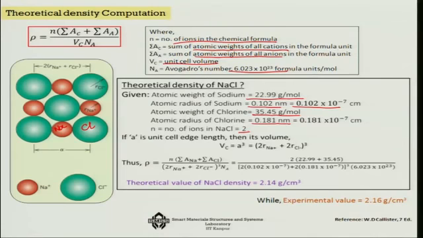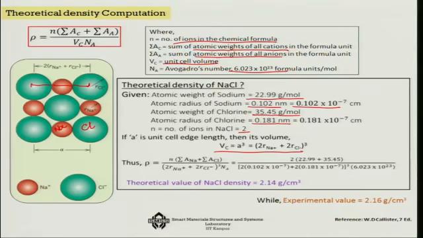If you look at the structure, this half and this half make double the radius of the sodium atom, and then a full diameter of the chlorine. So that is the unit cell size, and the cube of that is our Vc.